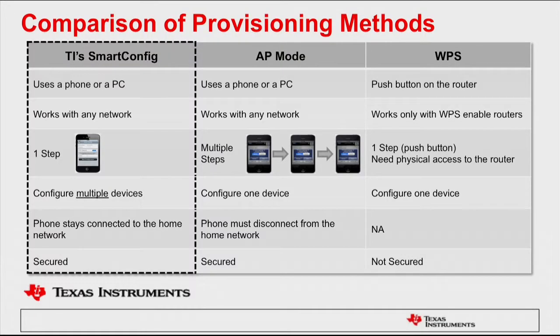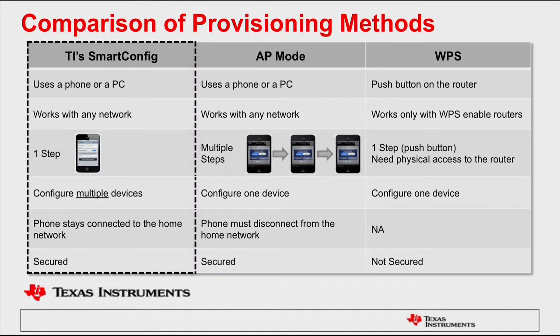WPS is going to be specific to that type of access point, one that has to enable that protocol and feature, which not all access points do. What about from a network? Does it work with any network, any home? Smart Config and AP mode do. WPS, again, is specific to an access point that has a WPS feature.